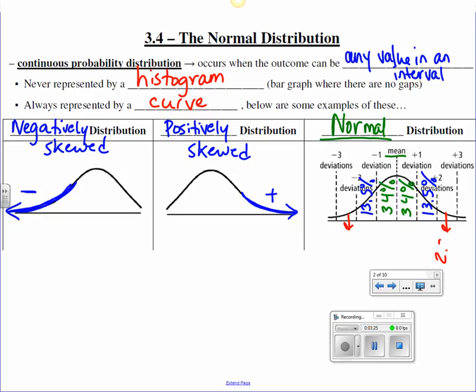This one is 2.35, and this one is 2.35. And the last little bit is 0.15. And we'll be doing problems with those today, and it'll make a little bit more sense what to do with them.